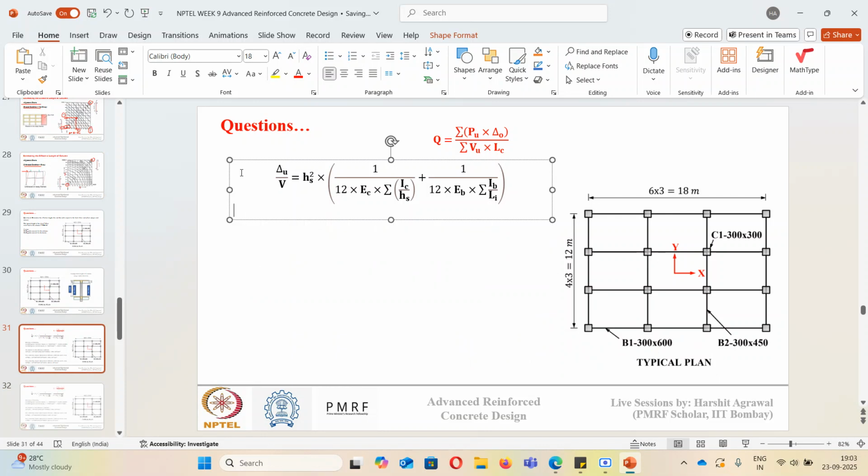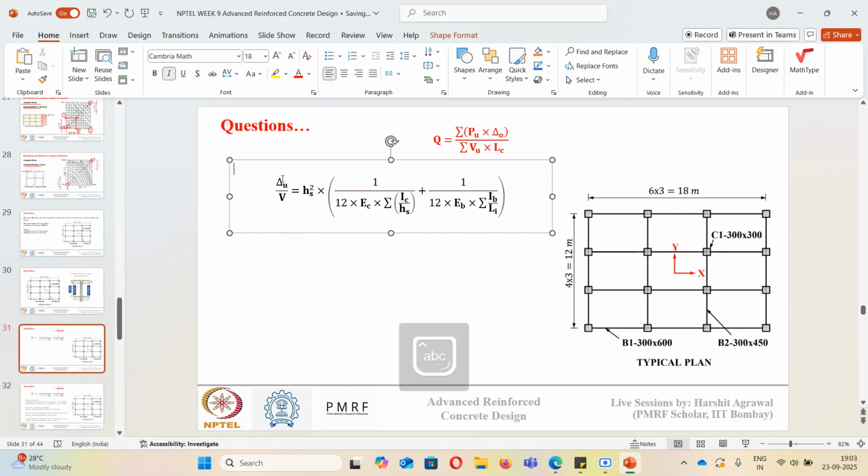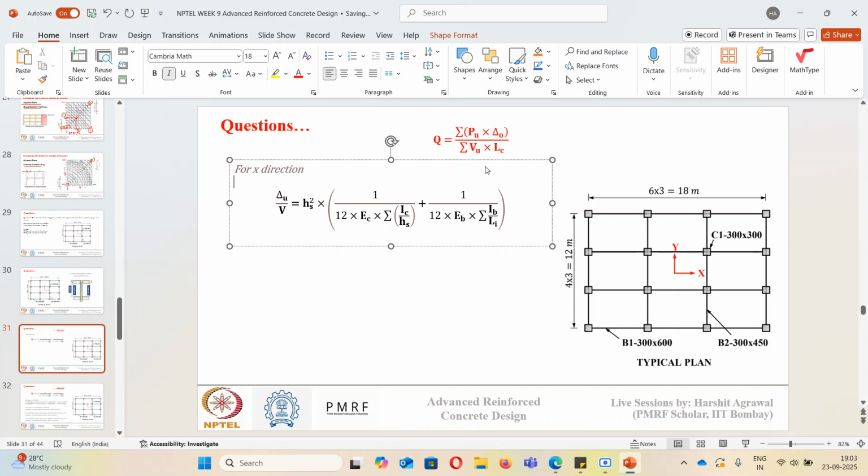So for x direction, delta u by v value, we know this EC is 35355.34.